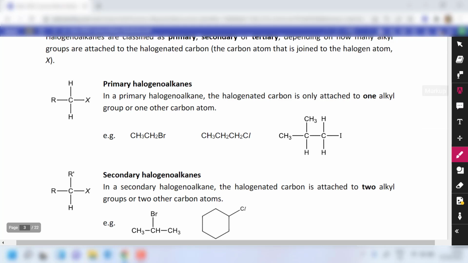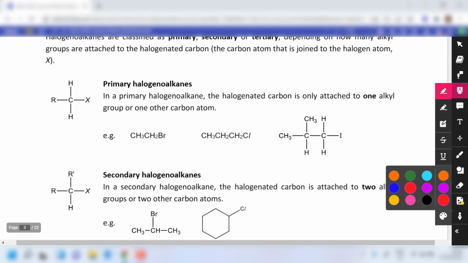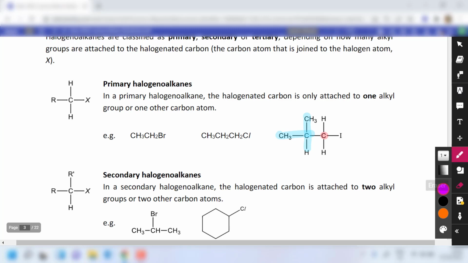Okay, so I'm just going to do some highlighting for you. Okay, so this is the carbon that is directly bonded to the halogen, in this case, the iodine. Okay, then I'm going to highlight the alkyl group. So there's only 1 alkyl group, which is the one in baby blue. Yeah, so if there's only 1 alkyl group, we will designate this as primary.